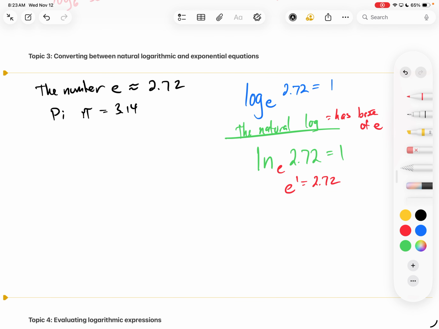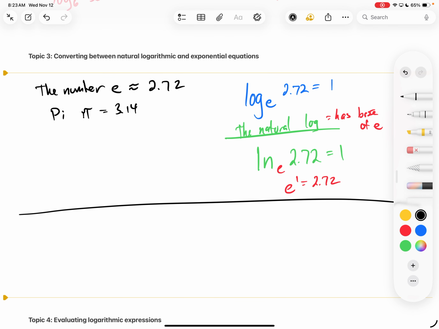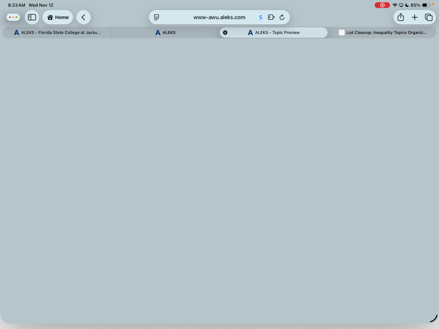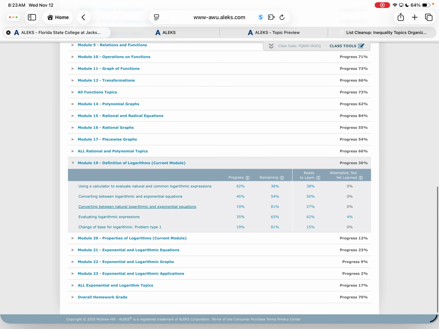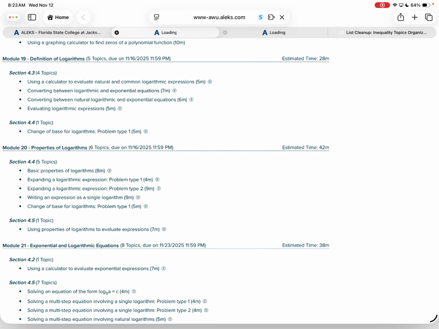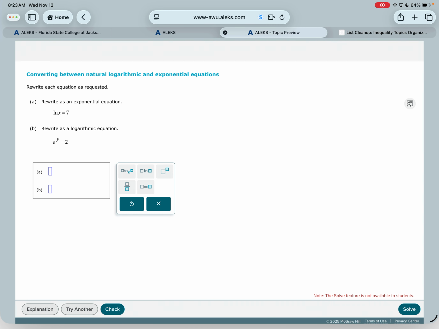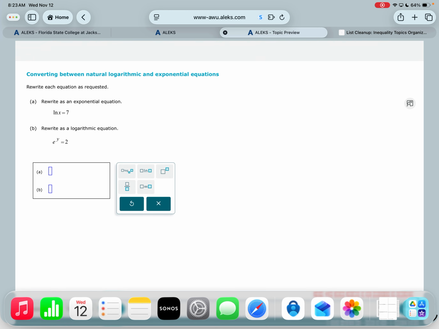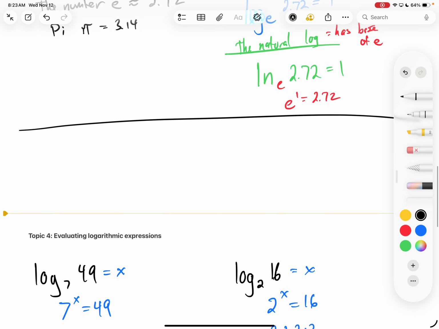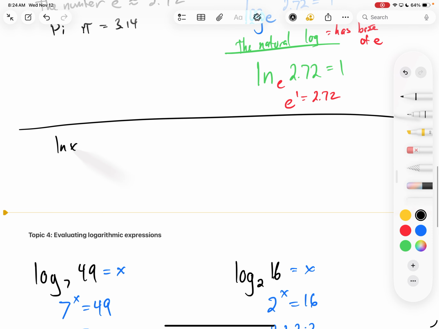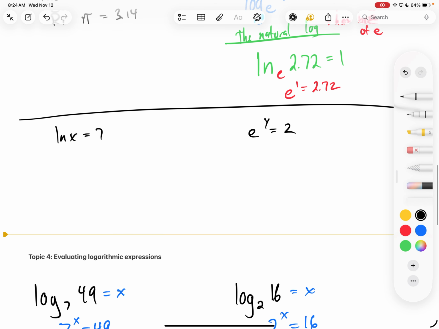All right, let's go to this topic first. ln x equals 7, e to the y equals 2. So the ln of x equals 7, so this is just converting back and forth.